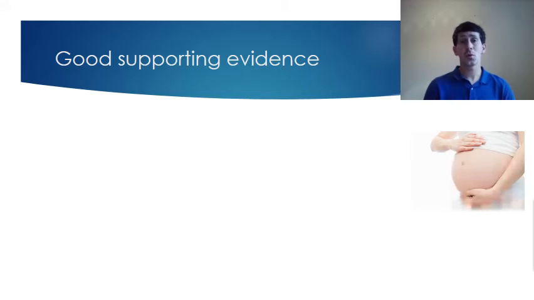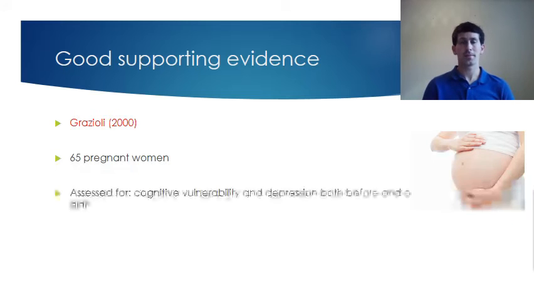However, there is good supporting evidence for Beck's theory. Grazioli in 2000 looked at 65 pregnant women, and he measured 2 things in them. He measured their cognitive vulnerability, by which we mean their thought processes. How vulnerable were they to think negatively about the world, their self, the future? And they also measured their depression. They measured these things before and after they gave birth.